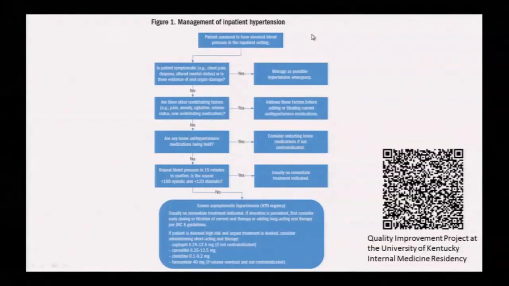What should you do? How should you evaluate the patient? How should you assess them? When should you treat them? I think it's a really cool diagram that you could use for your own benefit. And this is our study that we did. You can scan this QR code and look at it if you would.